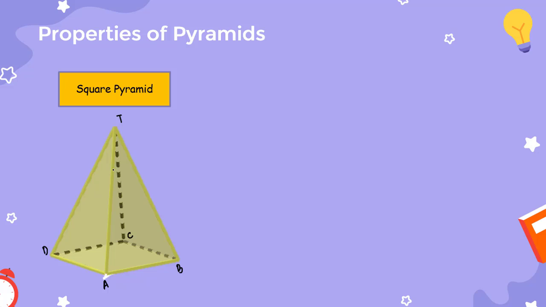Now let's start with the first property, which is the vertices. To count how many vertices, we can use the formula n plus 1. Here n is the number of vertices that the base has. Because it has a square base, we can count it.